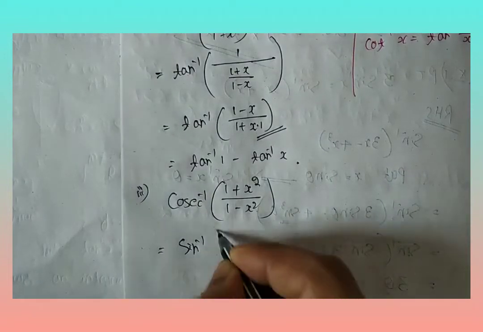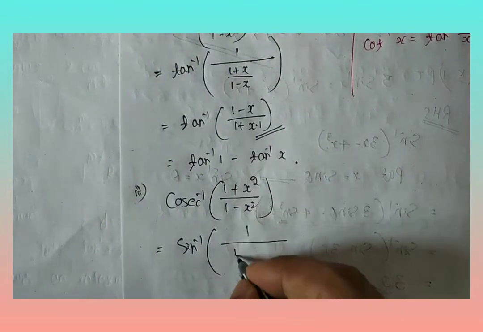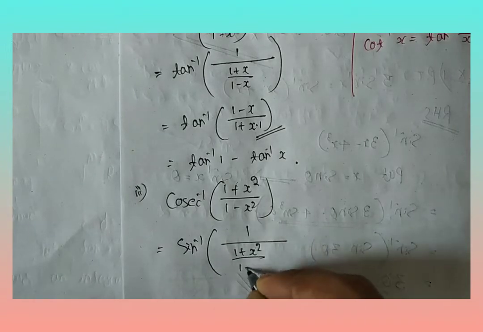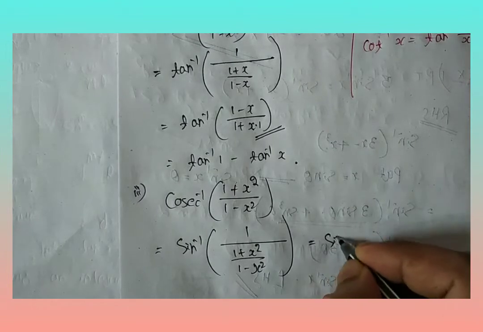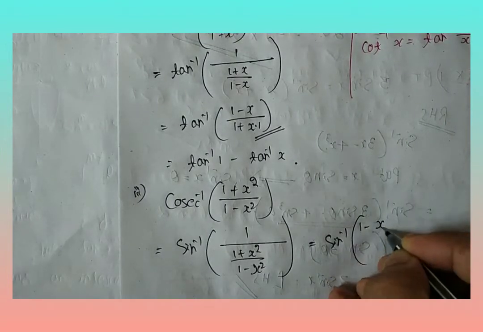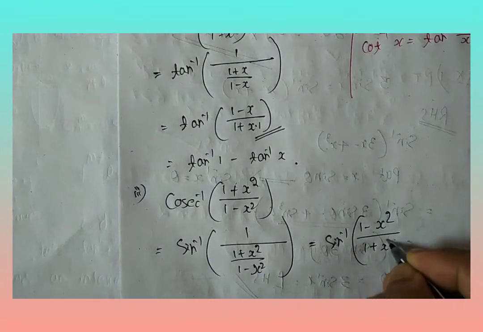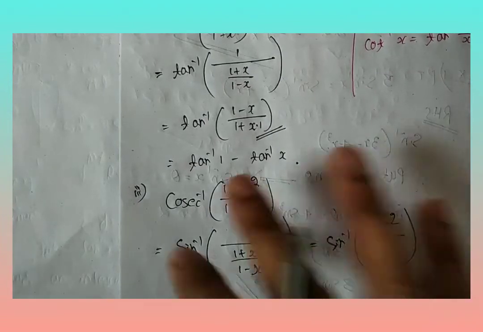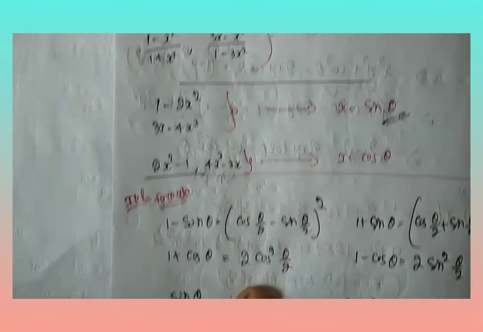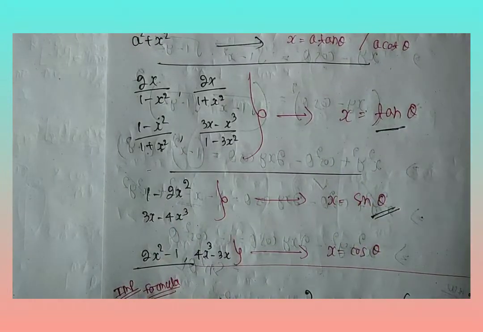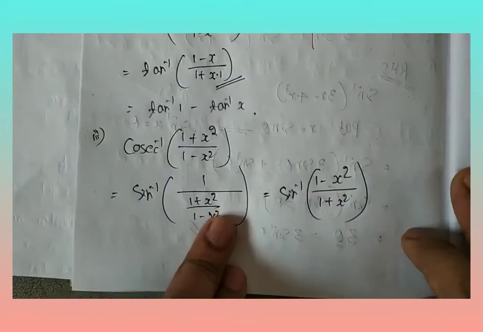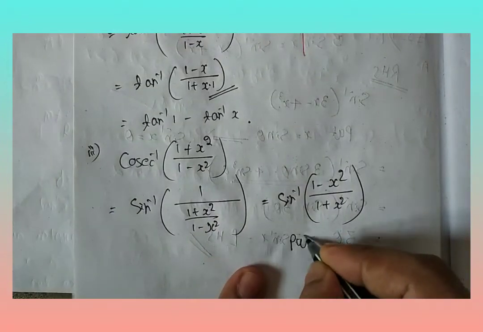Same formula: sin inverse of 1 divided by this value, the reciprocal, is equal to sin inverse of (1 minus x square) by (1 plus x square). If you compare this term with our formula list, here there is a matching term. We have to put x equal to tan theta. Now put x equal to tan theta.